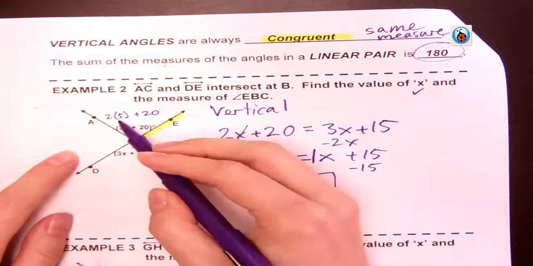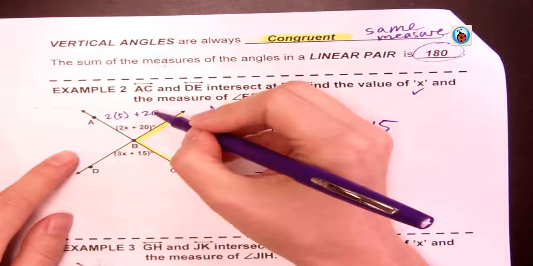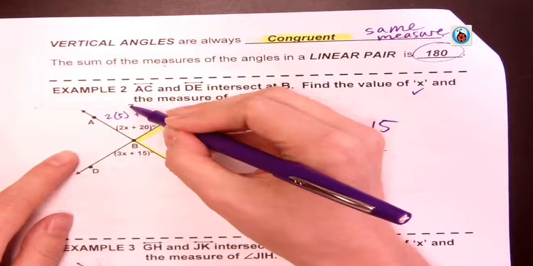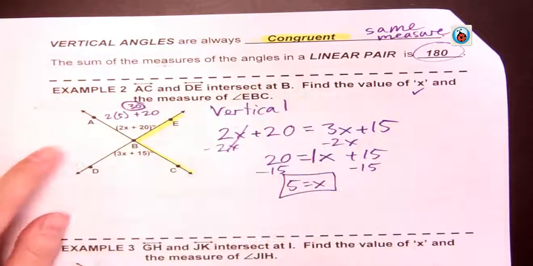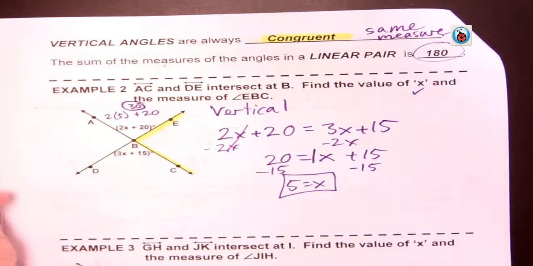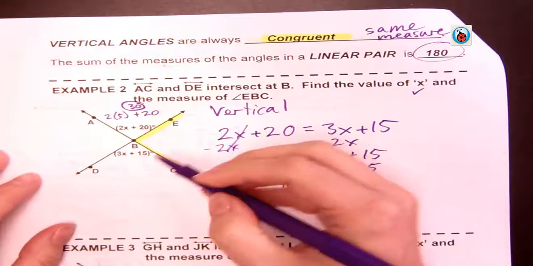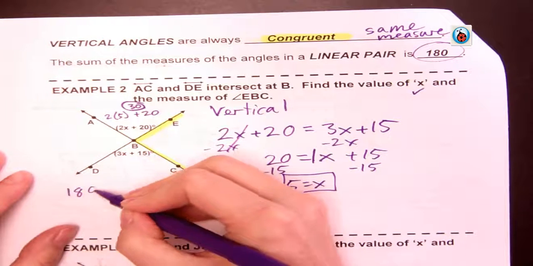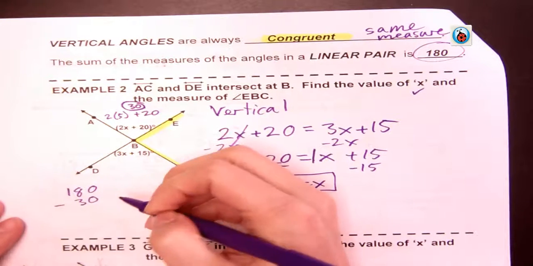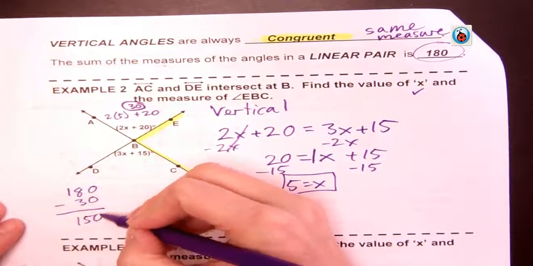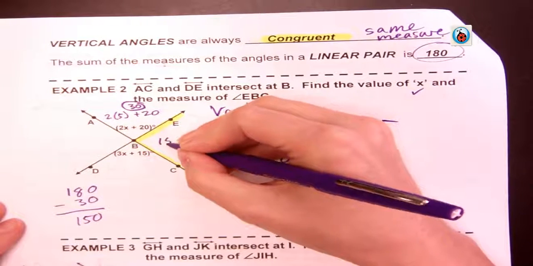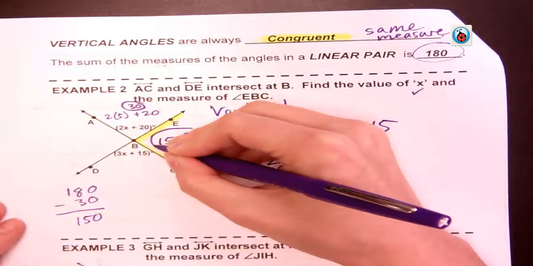Just took the x and plugged it in. That gives me 10 plus 20 is 30. Okay, and then I can see this is a linear pair, and so I'm just going to do my 180 minus 30 to get 150. And so this angle is going to be 150 degrees.